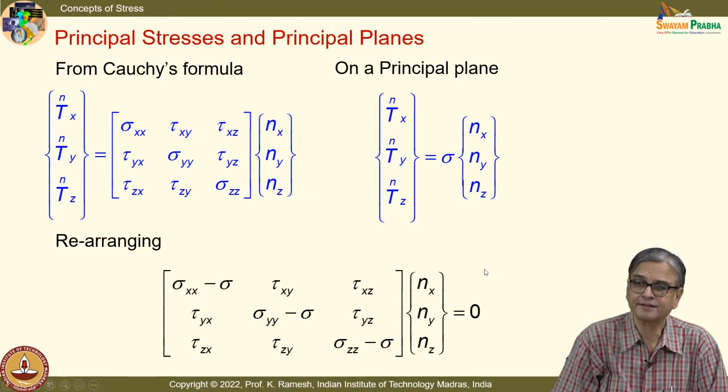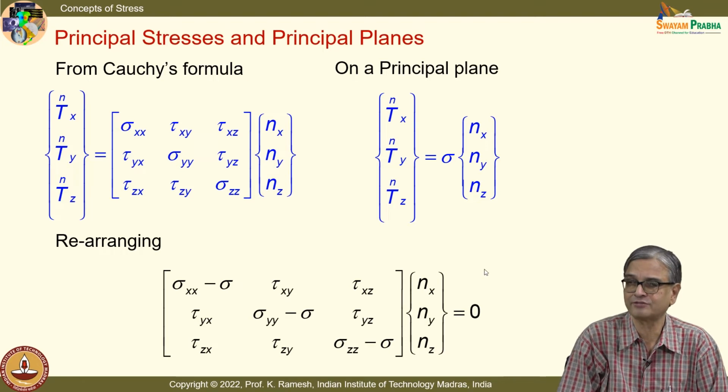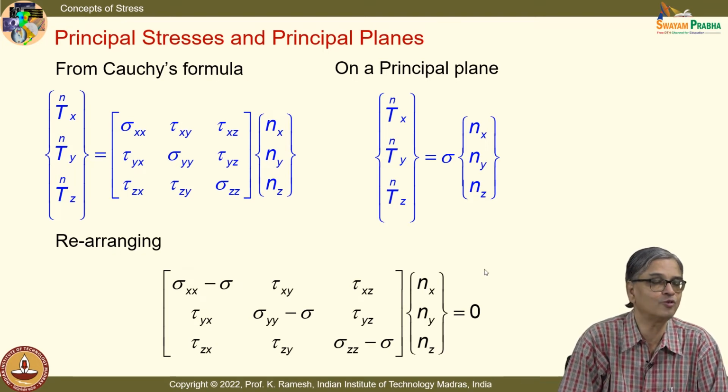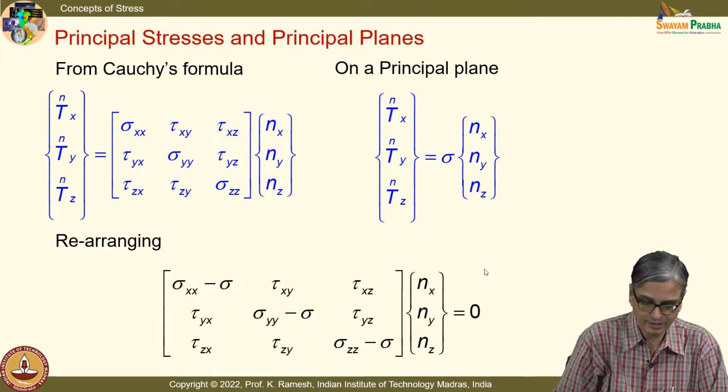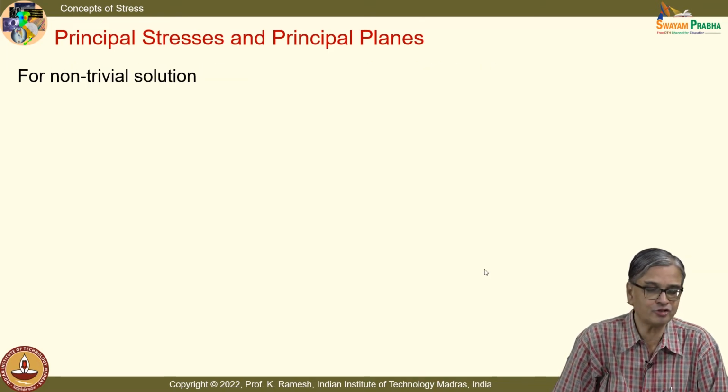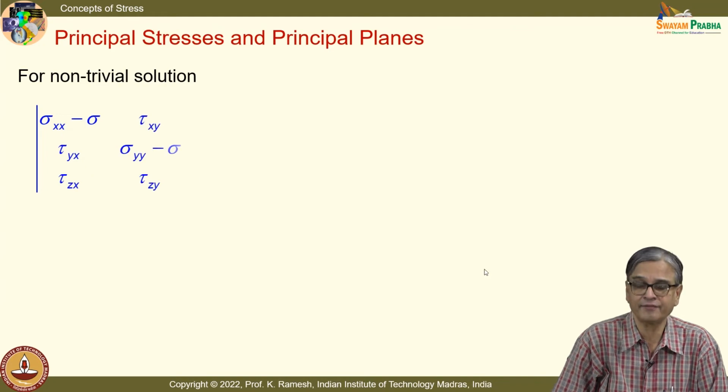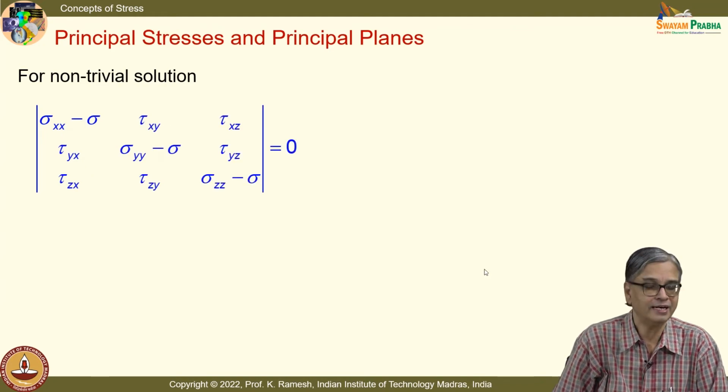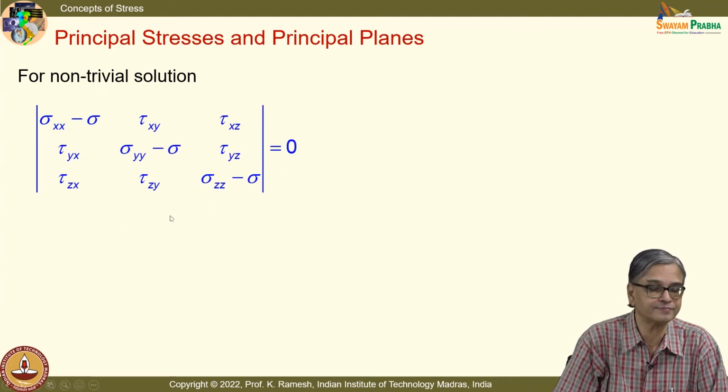Is the idea clear? And obviously, I want to have a non-trivial solution. If I have nx, ny, nz as 0, everything goes to 0. We do not want that as a solution. For a non-trivial solution, what should I have? I should have the determinant go to 0.